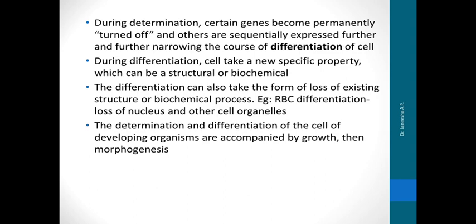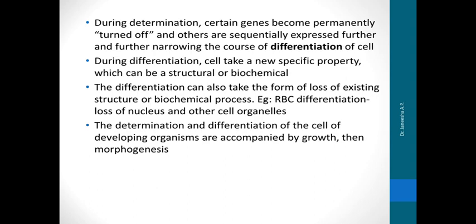During differentiation, the cell takes on a new specific property, which can be structural or biochemical. The differentiation can also take the form of loss of an existing structure or biochemical process, like our RBCs. Red blood cells lose the nucleus and other cell organelles.